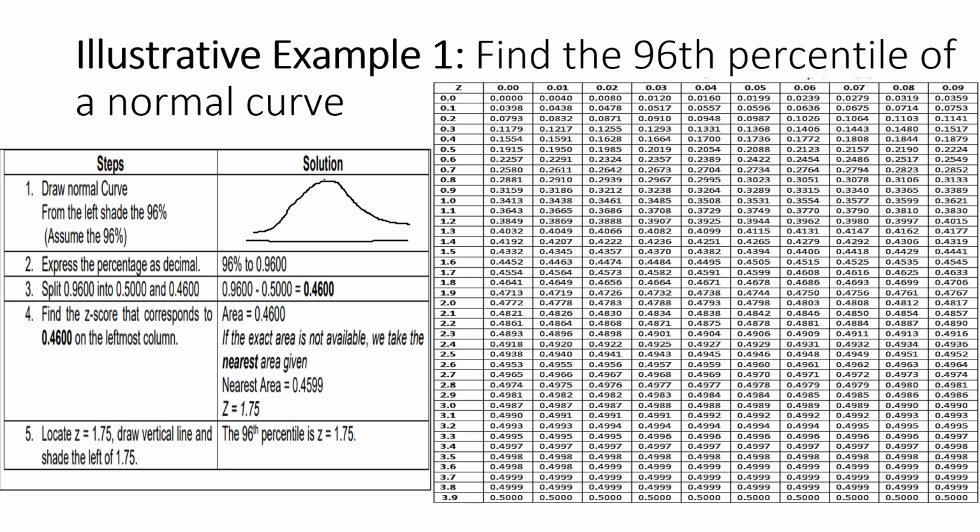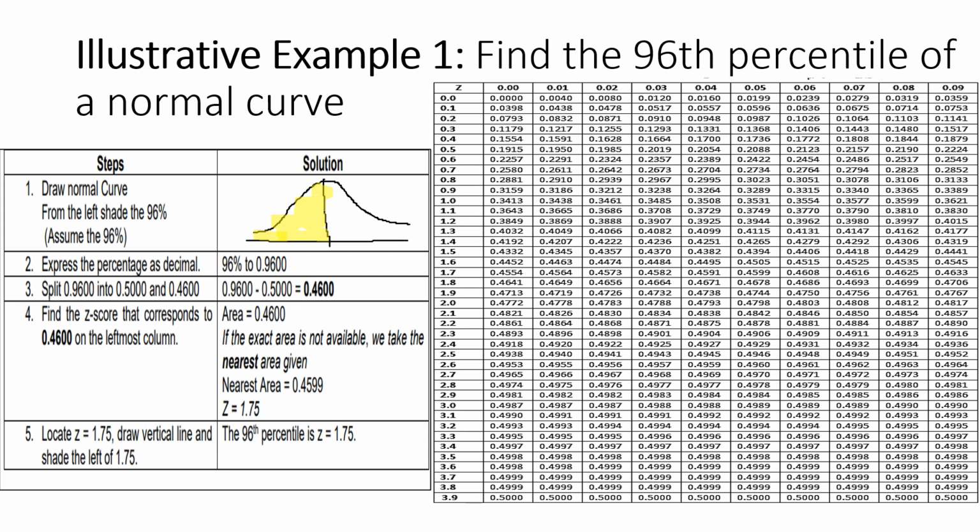Of course, it has a division in the middle. Knowing that the left side is already 50%, let's shade the left side. And on the right side, we take another 46%. So that makes it 96%.